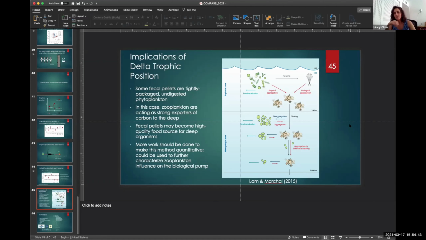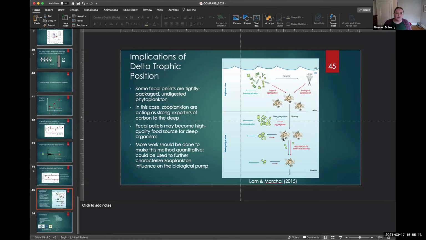Yeah, so if zooplankton are at the surface, it will take a certain amount of time for even the largest fecal pellet to go to depth. So if you measured particles at depth and separated those as fecal pellets, or you collected zooplankton at depth and incubated them and analyzed their fecal pellets, that would be one way to determine what could be coming from the surface versus coming from the deep.